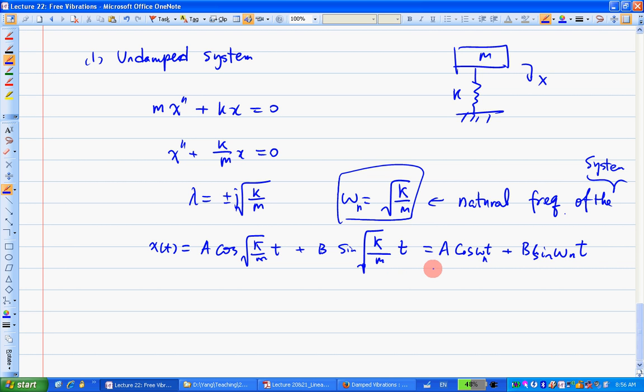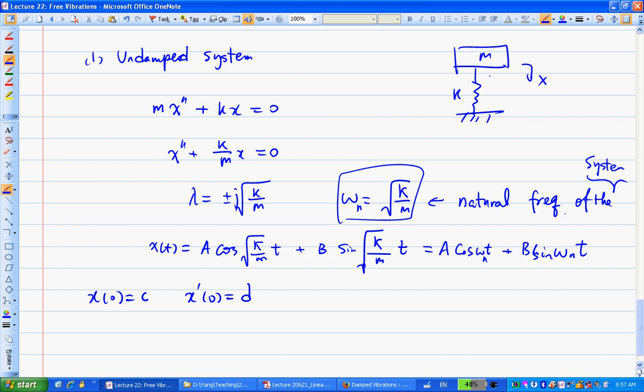Okay, so if I go back to this solution, suppose that I have initial conditions. So let's say my initial condition is this. I have an initial position and an initial velocity. And by the way, because the system doesn't have any external force input, if my initial position is 0 and my initial velocity is 0, what happens to the system?